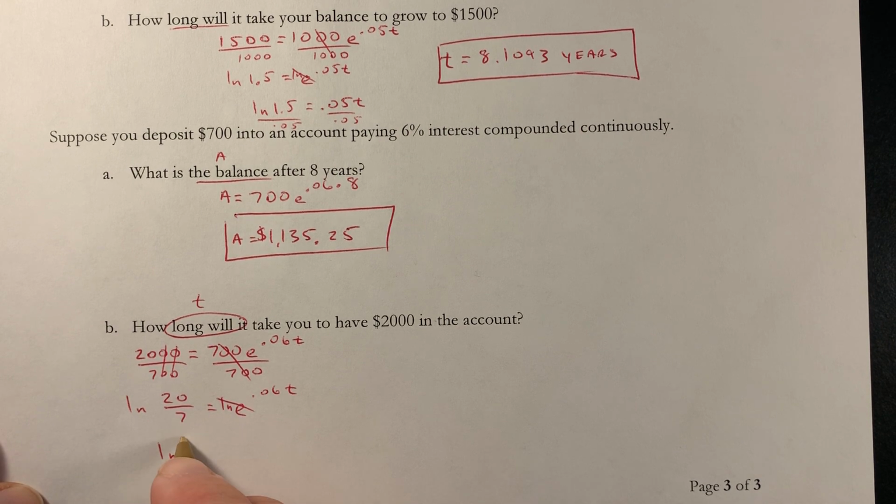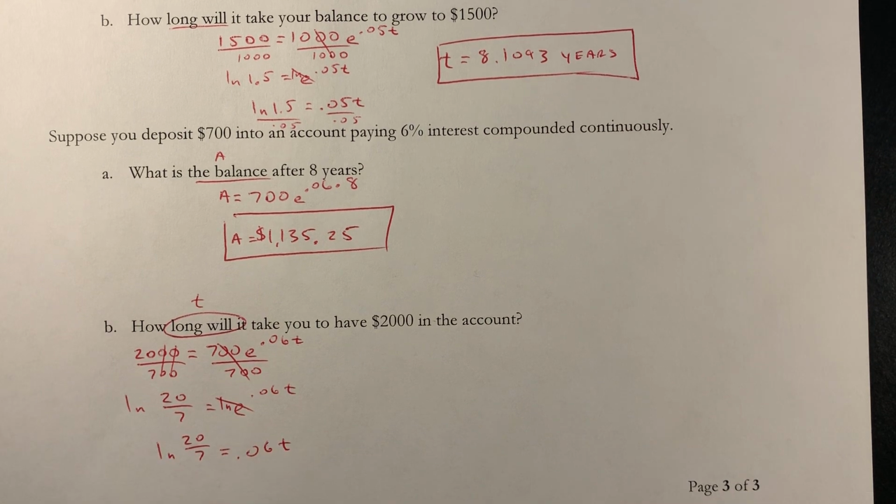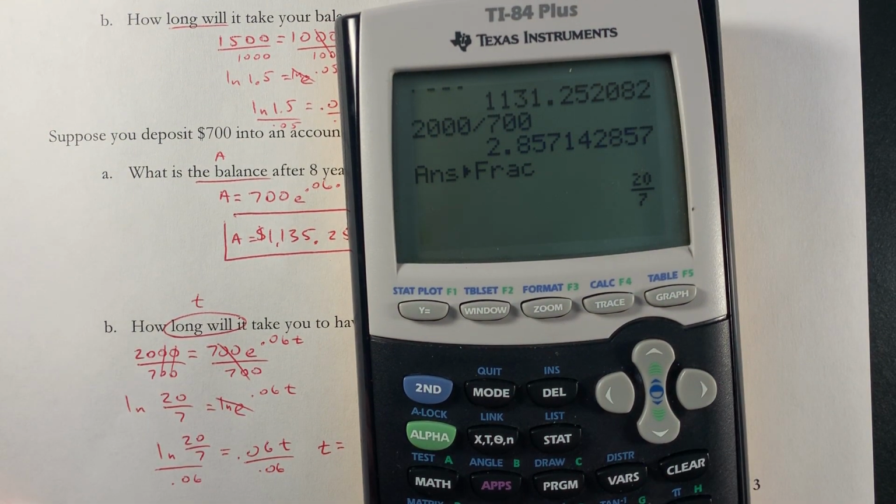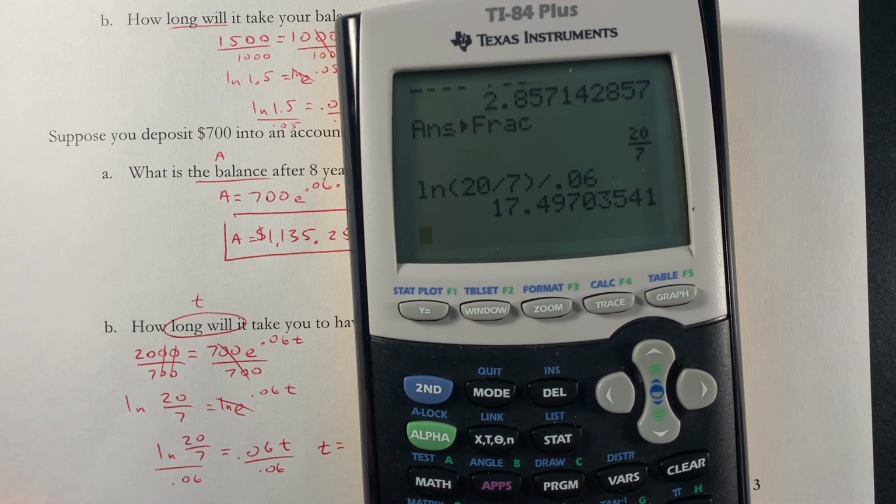So we get natural log 20 over 7 equals 0.06 times t. And then we'll divide by 0.06. So we get natural log 20 over 7 divided by 0.06. And we get 17.4970 years.